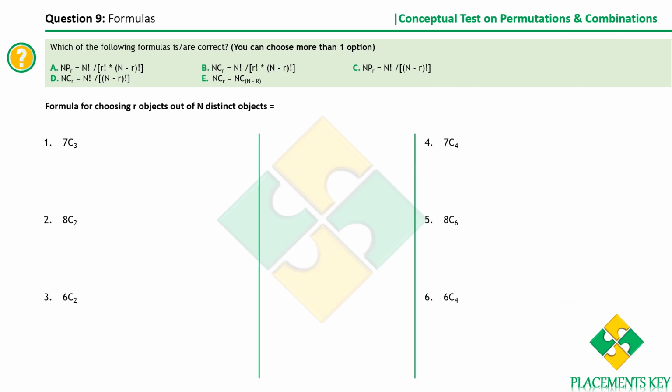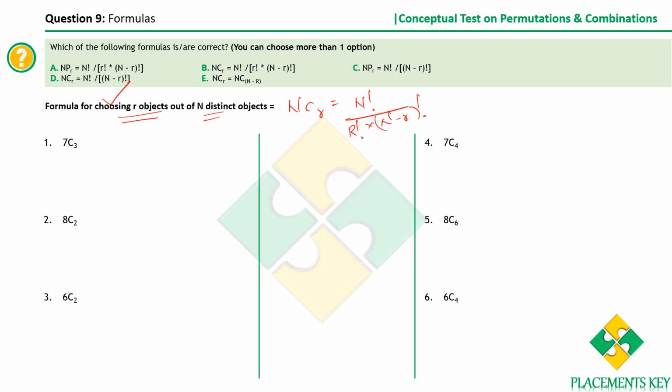Now that we have learned permutations, let's look at the formula for doing combination based questions. Formula for choosing r objects out of n distinct objects. Clearly, since it's only choosing, it is a combination based nCr, and the formula is n factorial divided by r factorial into (n minus r) factorial.